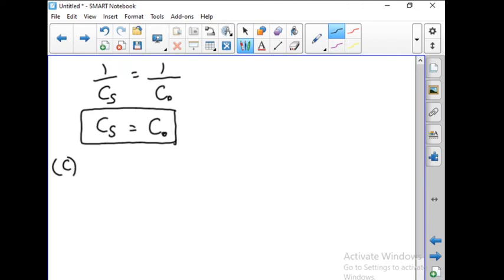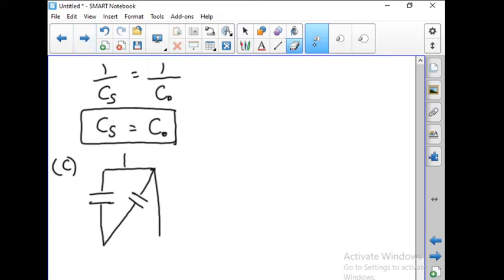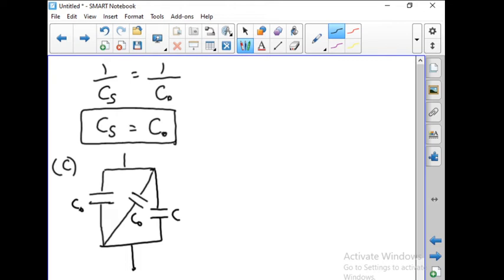Let us go to the third problem. Here the capacitors are connected like this. C0, C0 and C0.